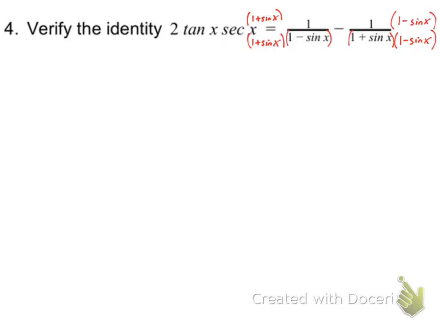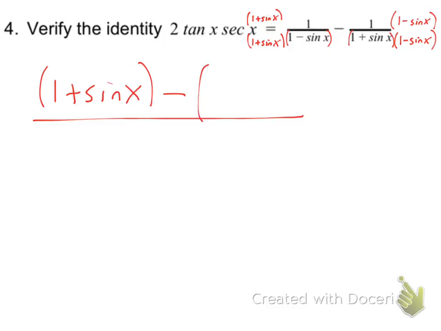Well, here's a cool thing about this. 1 plus sine of x times 1 is 1 plus sine x, right? I'm going to keep it in parentheses. The reason is because eventually it's all over something, but this group is subtracted, because it's a negative 1 times 1 minus sine x.